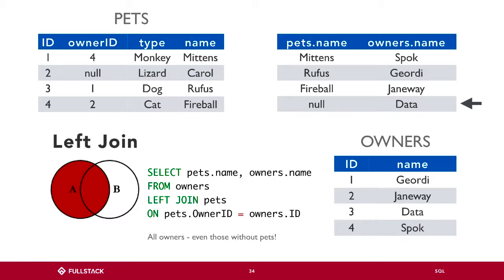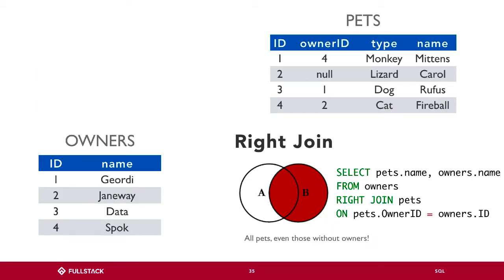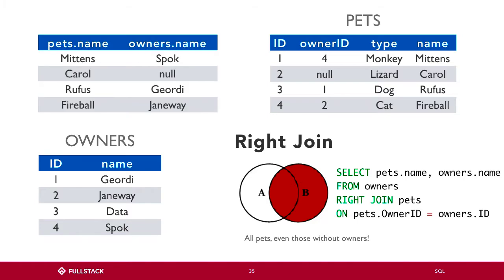And again, this is getting our null data here. A right join is just the same thing in reverse, where we get all of our pets even if we have a pet that has no owner. We can get the same result by doing from pets and doing a left join to owners.